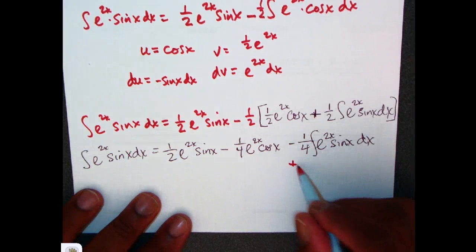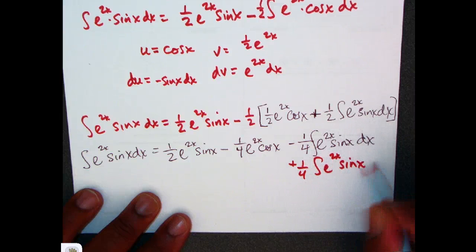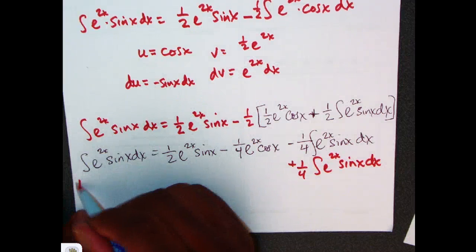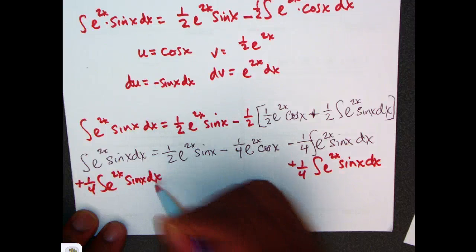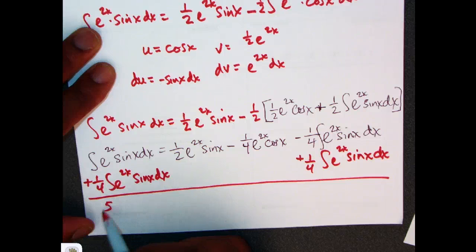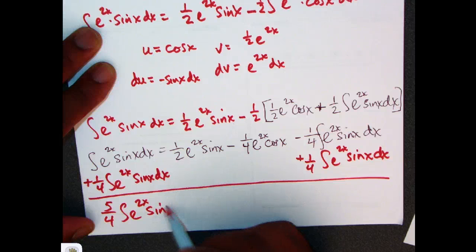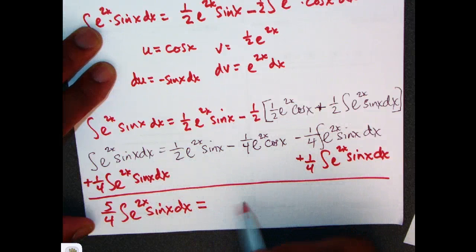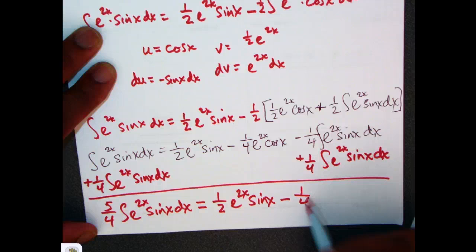So if we add 1/4 the integral of e to the 2x sine of x dx to both sides, we end up with 5/4 times the integral of e to the 2x sine of x dx, and that's equal to 1/2 e to the 2x sine of x minus 1/4 e to the 2x cosine of x.